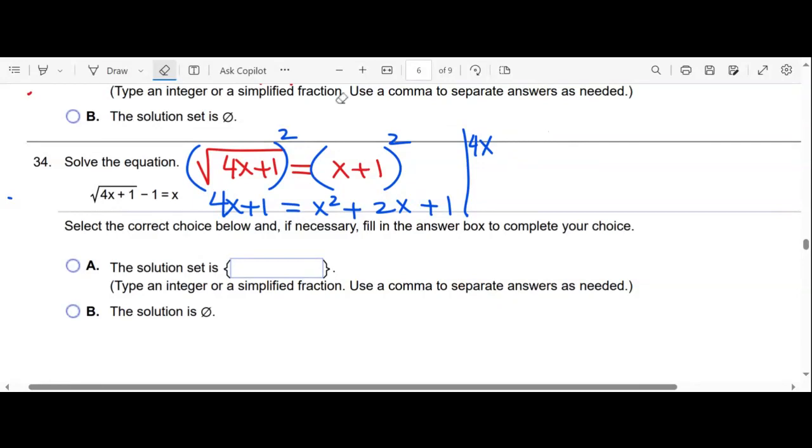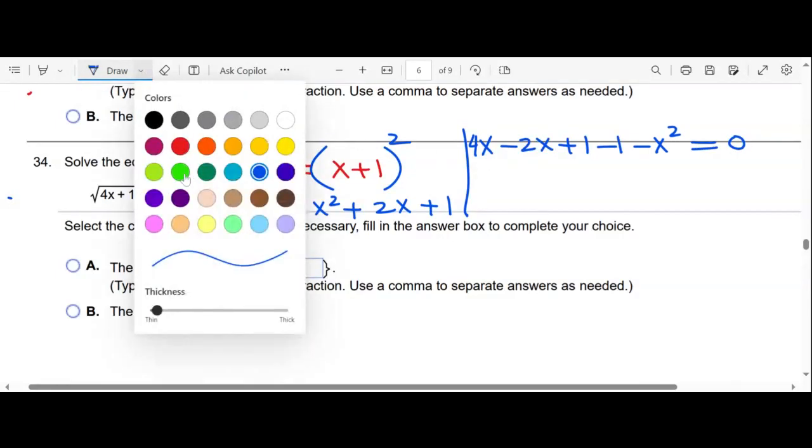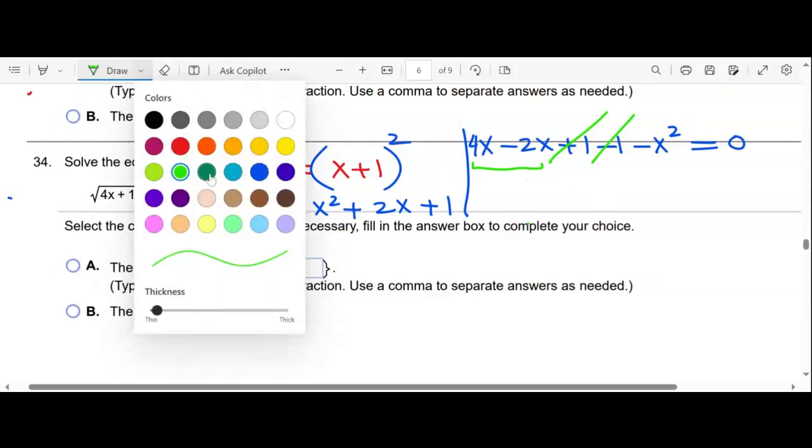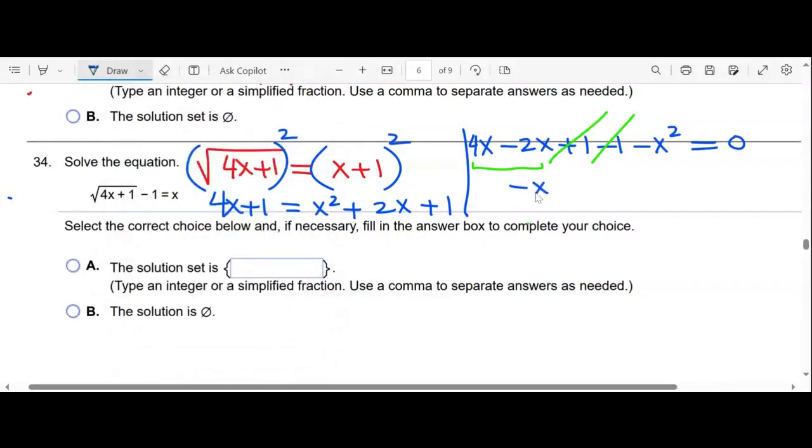Let me write it again, okay? So I'm going to have 4x plus 1 minus 2x minus 1 minus x squared equals what? 0. Can I cancel? Cancel what with what? Plus 1 minus 1. And combining these, what are you going to get? 2x. So negative x squared plus 2x equals what? 0.